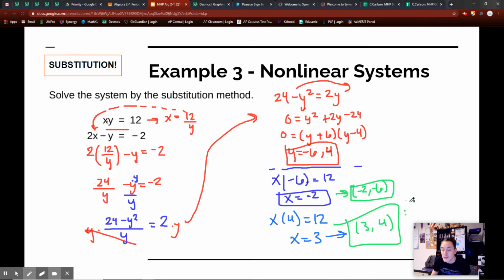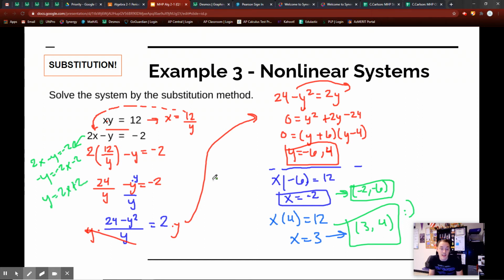So that one wasn't too difficult. I don't think it was too difficult. The hardest part of that question was trying to figure out how to substitute. So I guess it worked out. There's a lot of different ways to do this. It's not like if I changed this to be 2x minus y equals -2, and then -y equals -2x minus 2, and then y equals 2x plus 2.